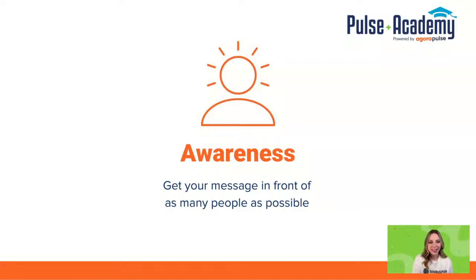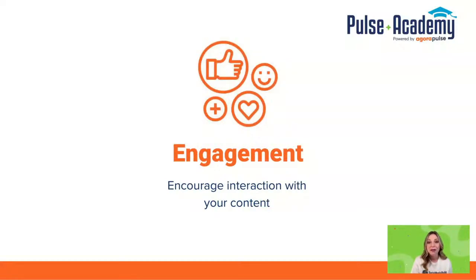All right. So, our next type of objective that we have is engagement. And engagement in social media terms is the stuff that we really think about as the bread and butter of our social media activities, what we want to do when we post. So, we're encouraging interaction with our content.